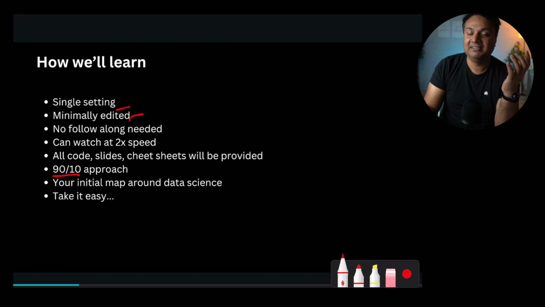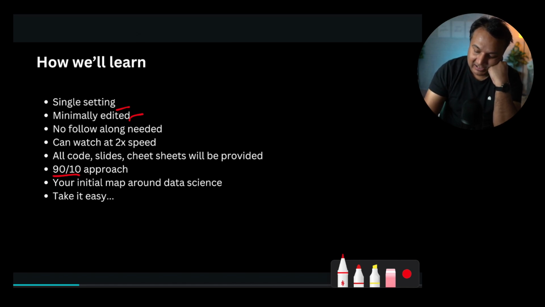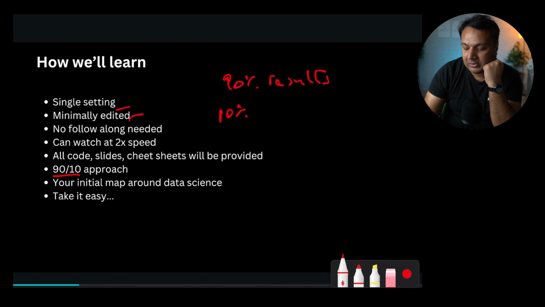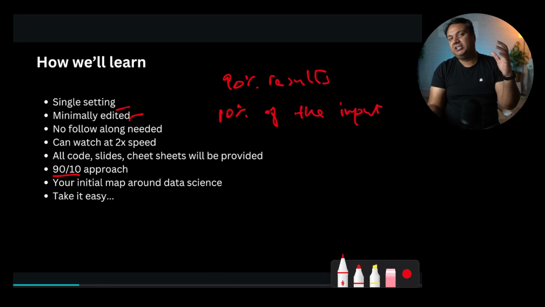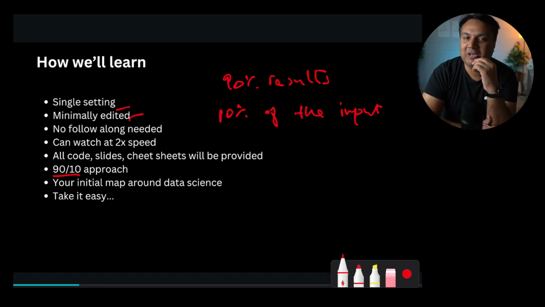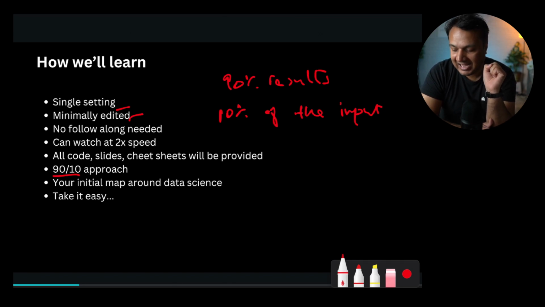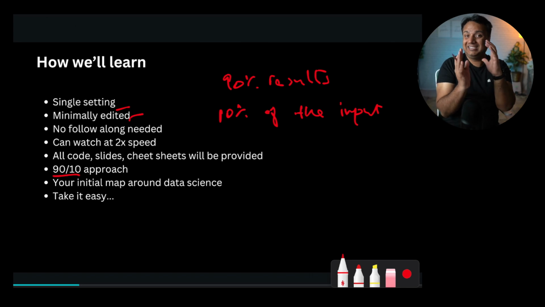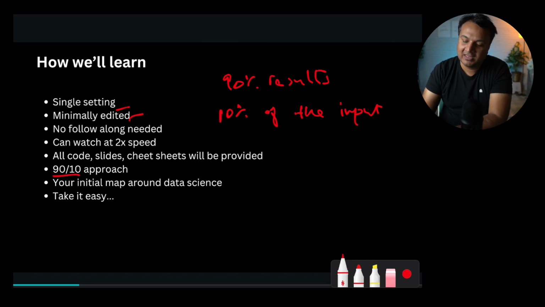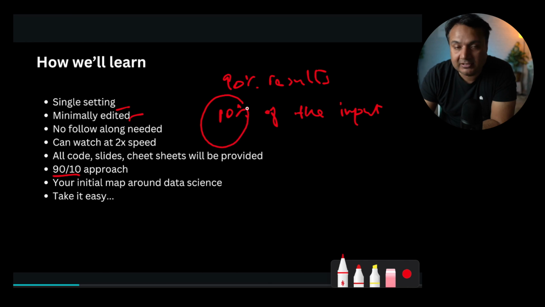What the 90-10 rule actually means is that 90% of the results come from 10% of the input. So 90% of the time, people are using the same Python libraries. 90% of the time, within those libraries, they're using the same kind of commands. And those commands are actually just 10% of the whole big thing. So my focus will be on this 10%.